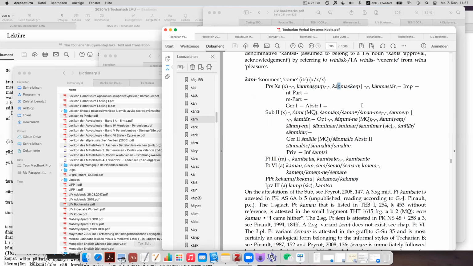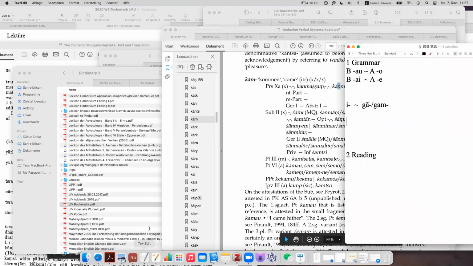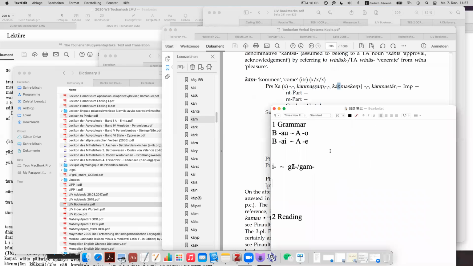I can write it here. Yeah. So actually, originally, the root is kum. Sorry. Root is kum, but you have a nusk present instead of sk. Yeah. So sk is of course the original one, and then in Tocharische, it is complicated. It's kind of a secondary development using a nusk, right?